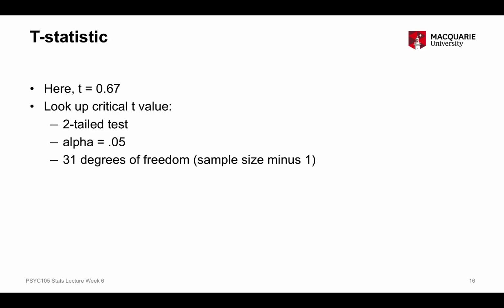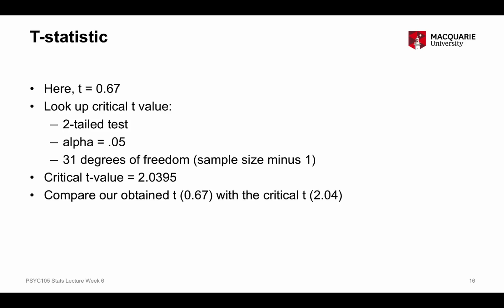So if we were to use one of these critical t-statistic tables, which you can find in your textbook, we would find that the appropriate critical t-value for a two-tailed significance test with an alpha of 0.05, and remember alpha, which we can call our critical alpha, is our cutoff for significance, and with 31 degrees of freedom, gives us a critical t-value of 2.0395.